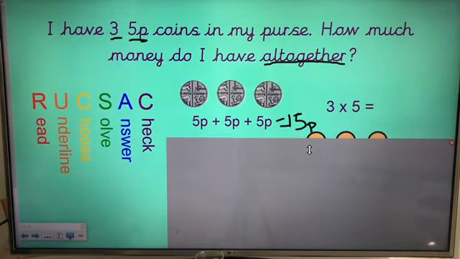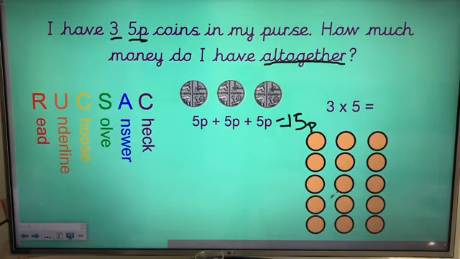Or we could use an array to help us. Here I've written the number sentence as a multiplication. Here we've used repeated addition, and here is a multiplication. I've got 3 lots of 5p. So I've got 3 groups of 5. 5, add 5, add 5.